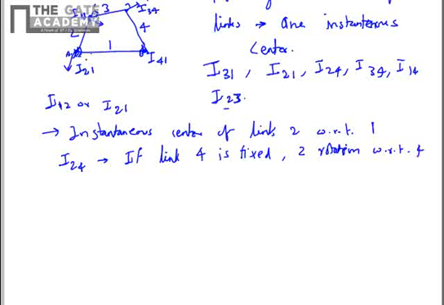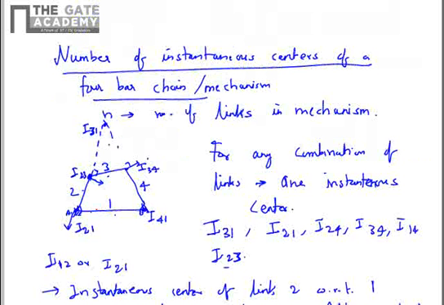This will be something similar to what we saw for links 3 and 1. When link 1 is fixed, how is link 3 rotating? For that, we draw perpendiculars to link 2 and link 4, along the velocities of points B and C, perpendicular to links 2 and 4 respectively, and we found the point I31.